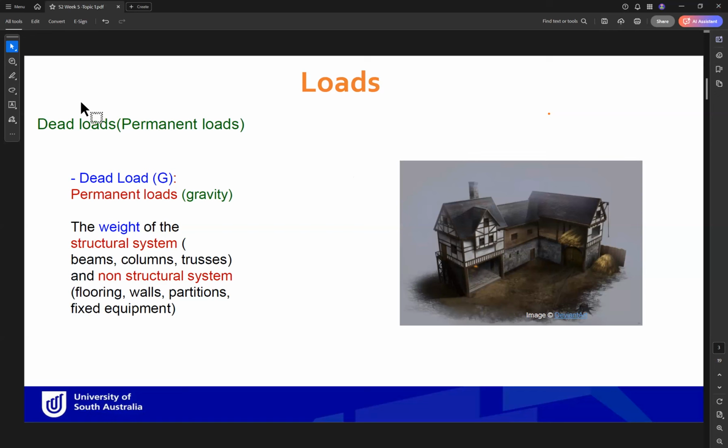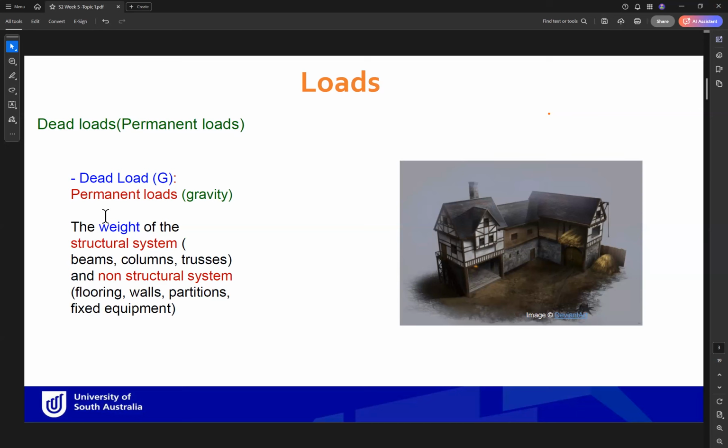Under gravitational load, the first type of load is the dead load, or permanent load. What is the dead load or permanent load? It is the load that doesn't move on the structure system, or stays stationary on the structure. This load, dead load, takes the symbol G, and the direction of these loads is the gravity direction.